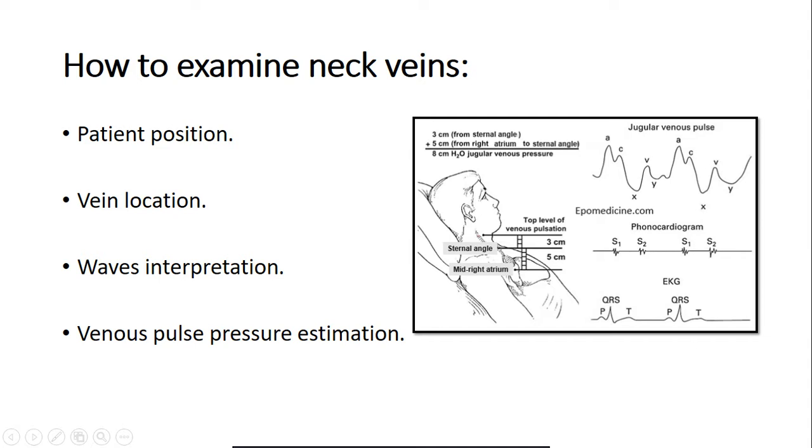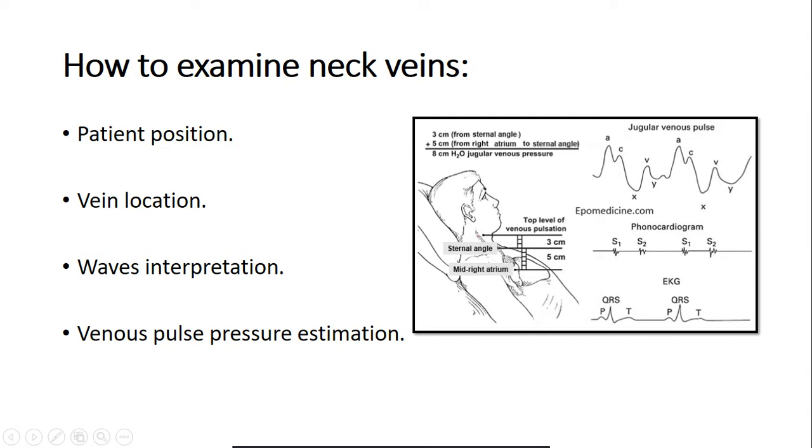Ask your patient to look to the other side. We usually use the right neck veins for examination, because it's more straight and more clear. While examining, you will be standing on the right side of the patient, so ask your patient to look toward the opposite side and examine the neck vein of your patient.